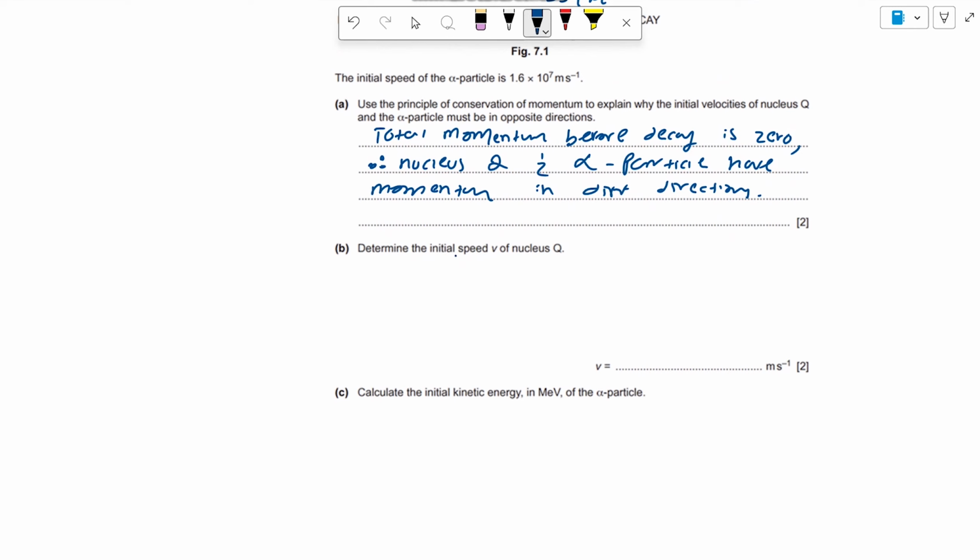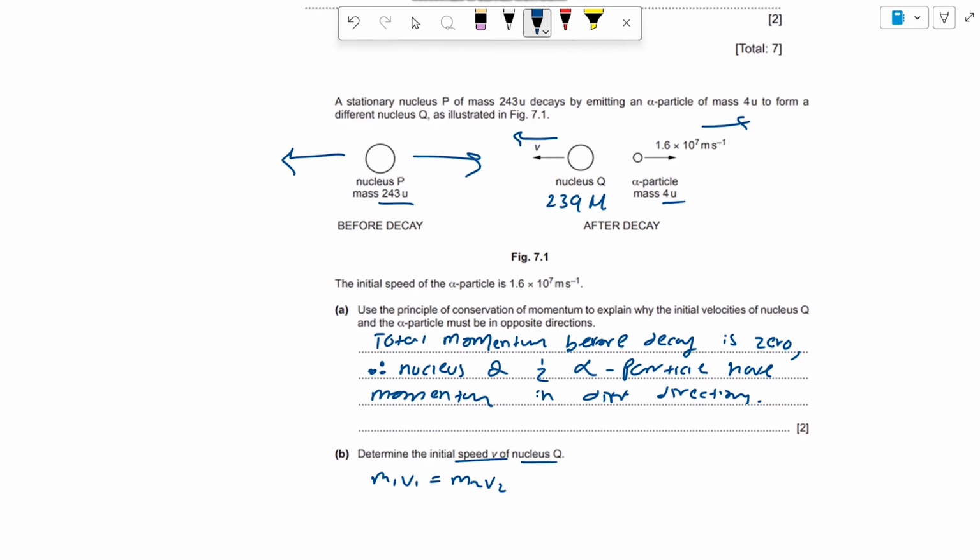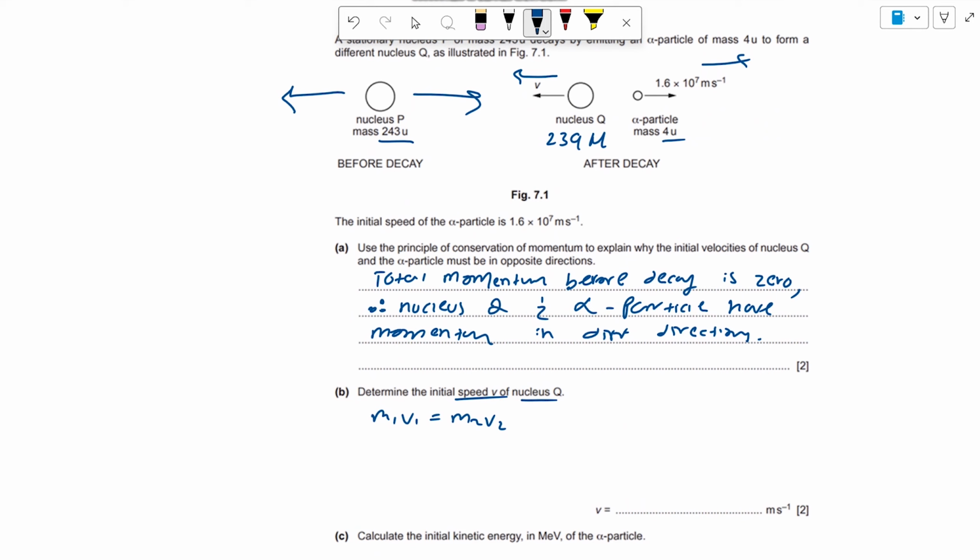Determine the initial speed v of nucleus Q. So that would be m1 v1 is equal to m2 v2. We know that the speed of the alpha particle is 1.6 times 10 raised to the power of 7. We also know the mass.